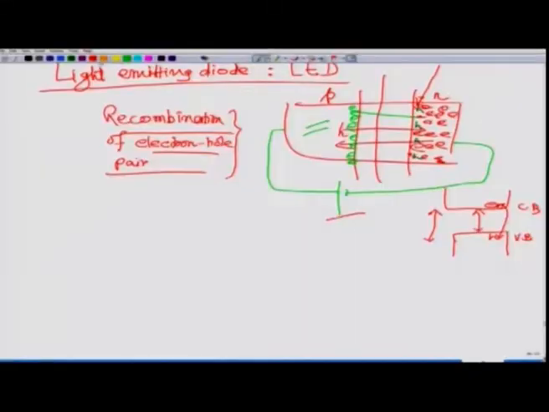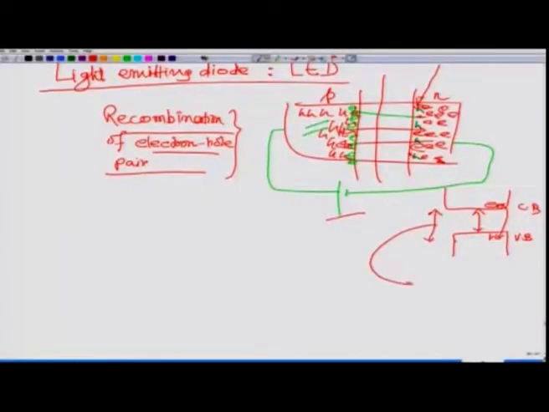But then you have many holes. This is the P side, and we have doped it in such a way that you have lots of holes here. Therefore, these electrons which reach here have a good probability of combining with some hole and creating a photon. So, light emitting diodes are operated in the forward biased region.